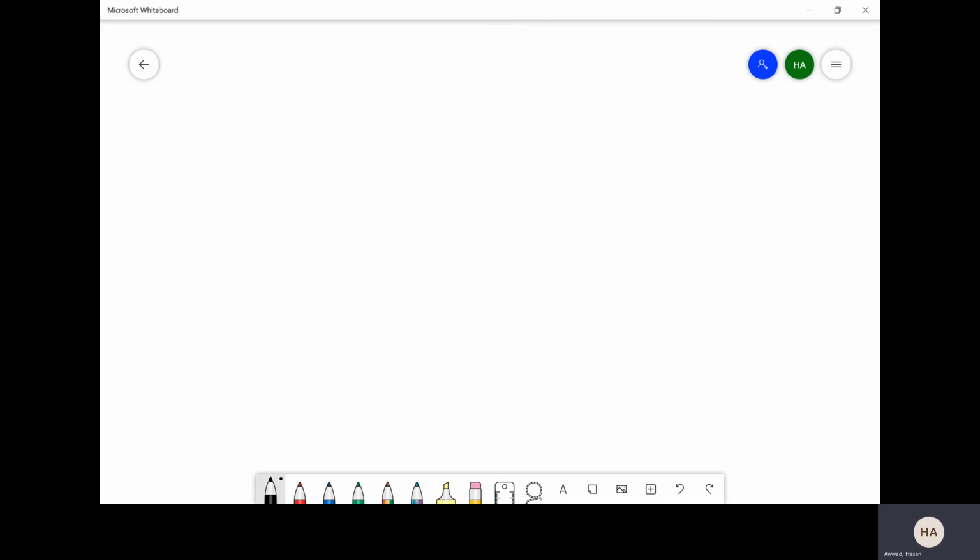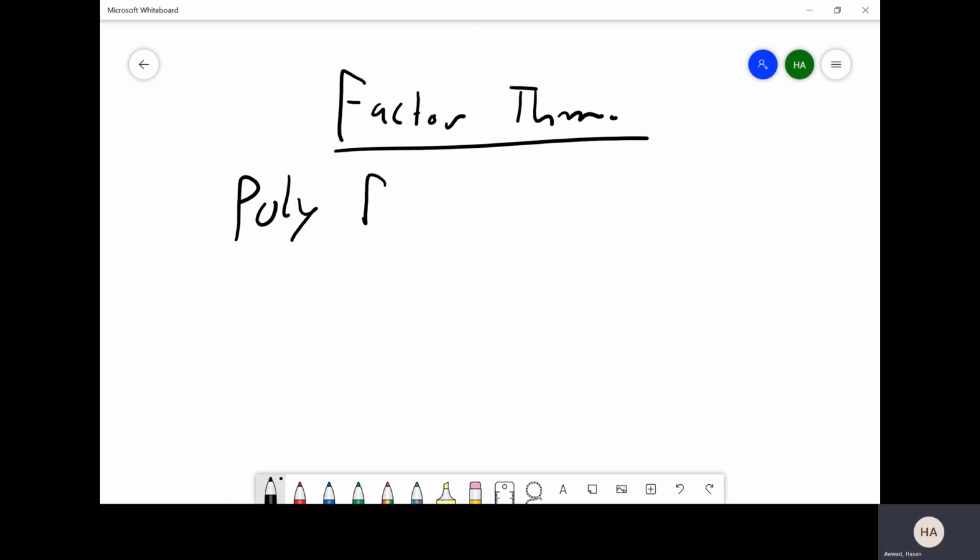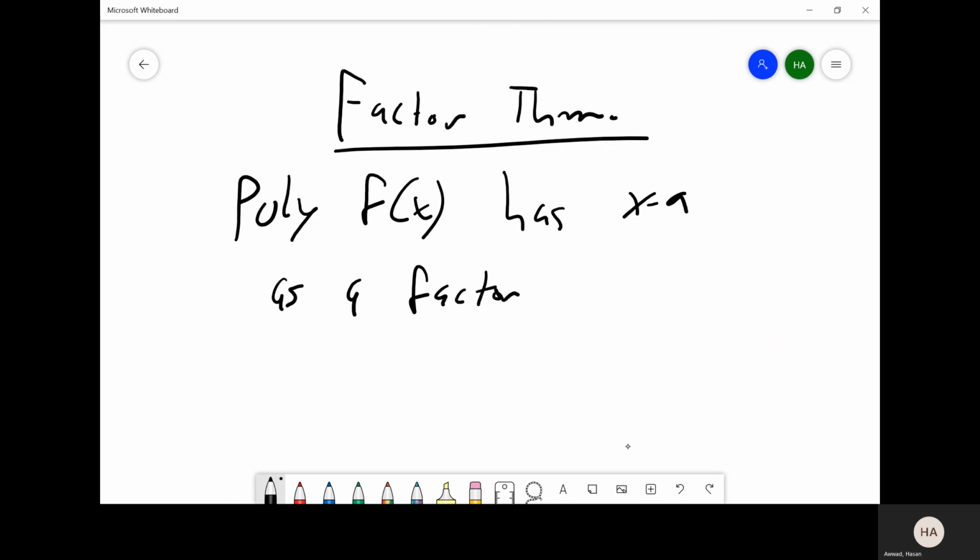So let's write this in actual math terms. Factor theorem says if you have polynomial f of x, it has x minus a as a factor, and you might not have seen this before, IFF.